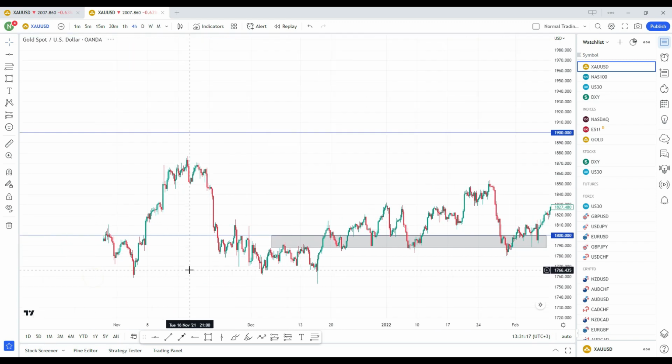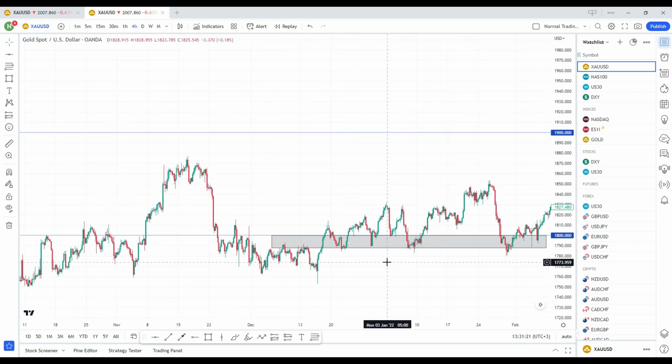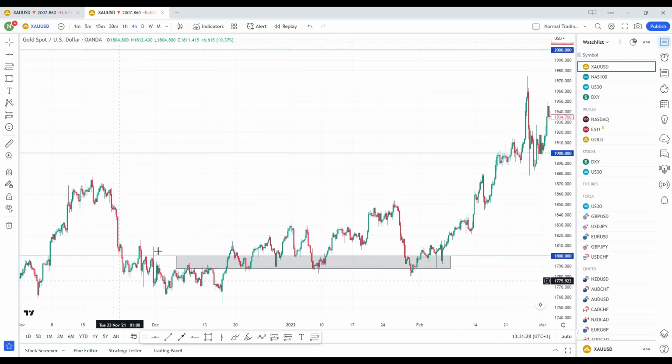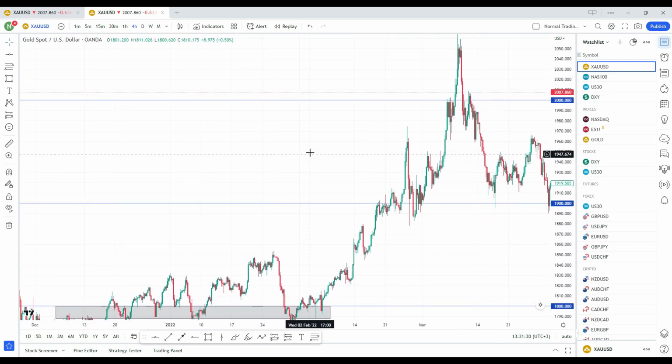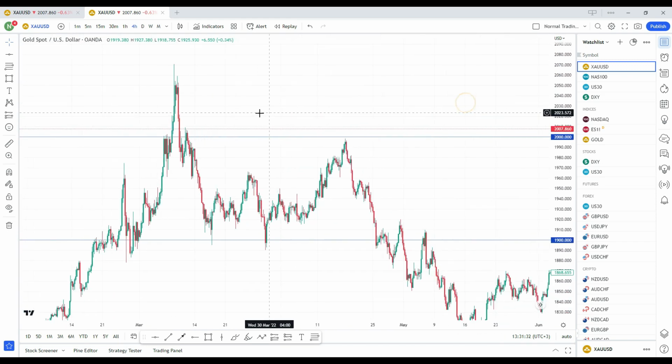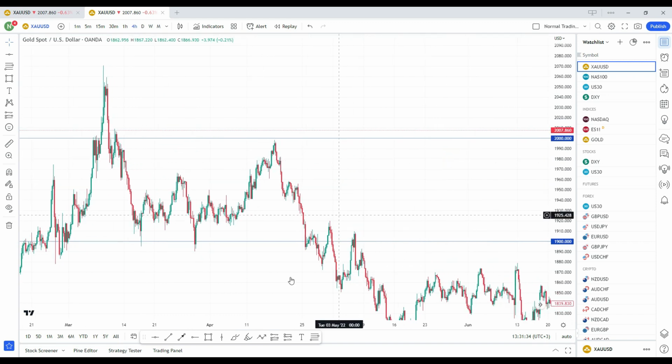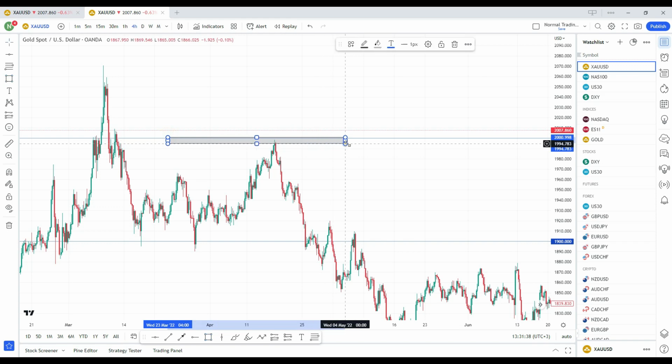There's liquidation and a lot of other stuff, depending also on fundamental or economic news. But you can agree that these are zones that are very strong, and it doesn't matter whichever asset you are looking at. So this is another zone. It became a very strong resistance here.